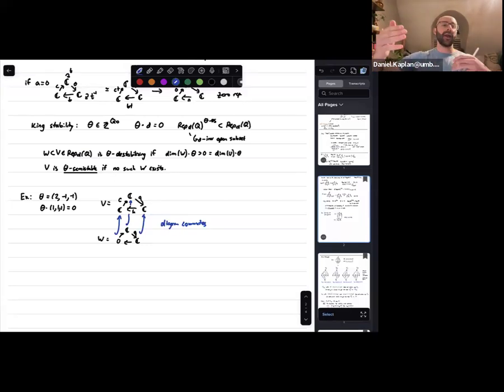In the back right face, it's saying nothing with A. On the back left face, the diagram commuting starts at 0, so you're getting 0 both ways. But on the front face, it is saying something. So if you go left and then up, you're 0. So if you go up and then right, you need to be 0. So the diagram commutes if and only if B is equal to 0.